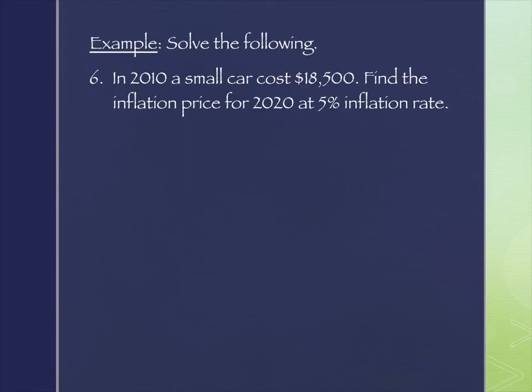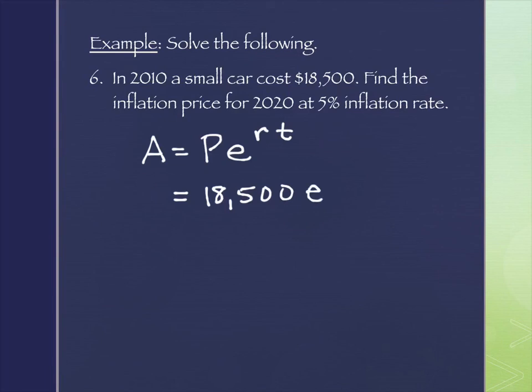So let me do a real quick example with you. It's just like the one we just did. It's compound interest. A equals P e to the rt. In 2010, a small car, brand newish, would cost $18,500. That's the original price, principal P at the beginning. If there's an inflation rate of 5% over that time frame, then 0.05 is our rate. And we need the time. What is the time lapse in these two different dates? 10 years.